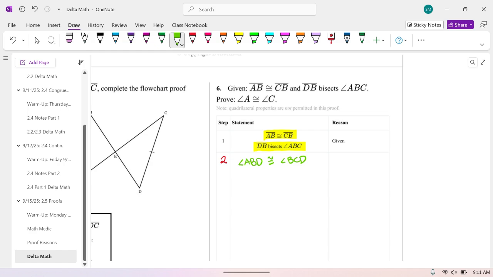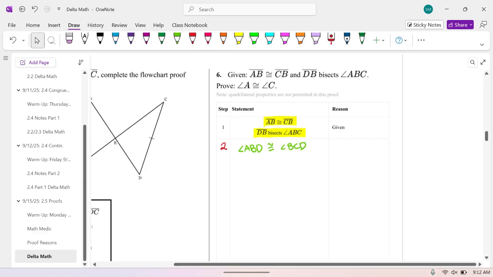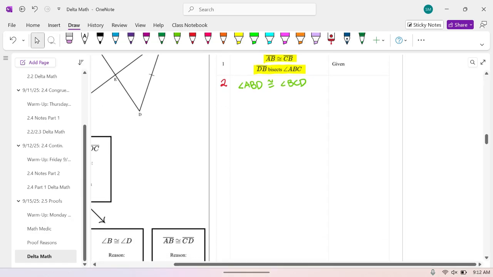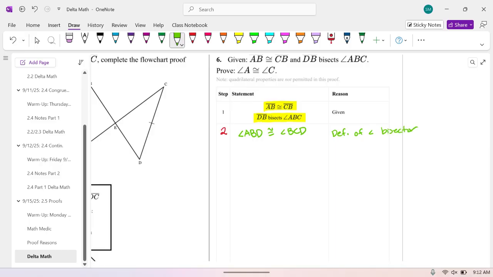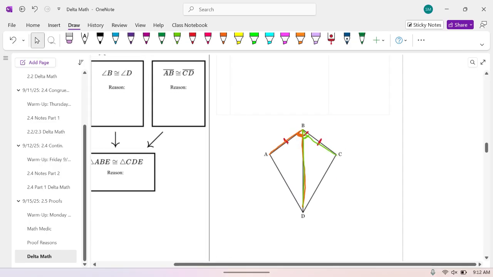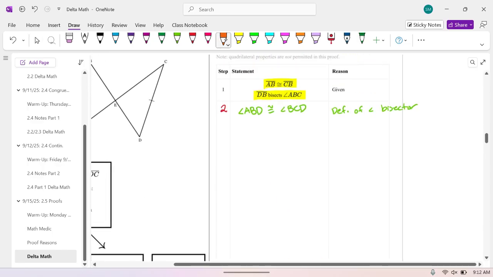And what can we state about that? Why are they congruent? It's the definition of an angle bisector. All right. So we used what they gave us here to draw this statement.